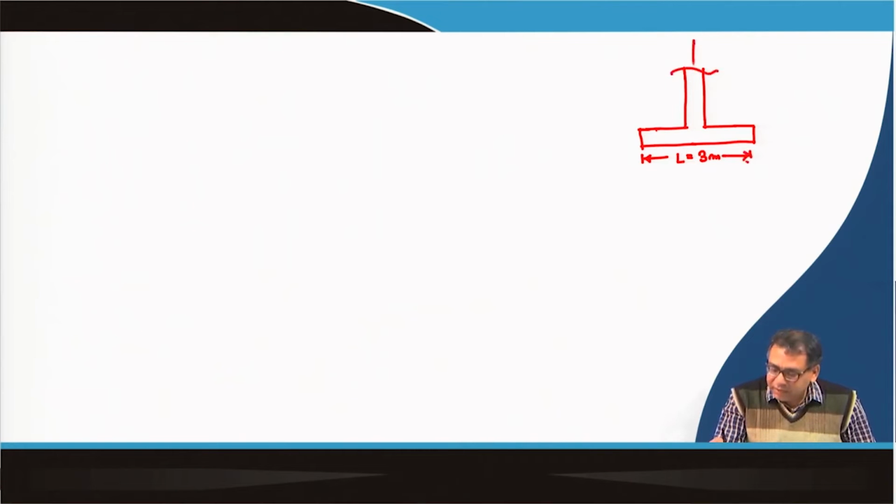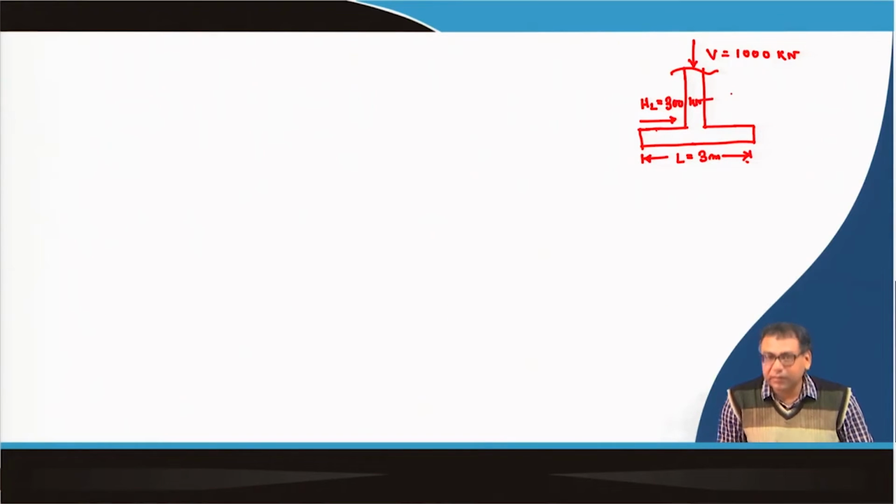There is a vertical component of the load which is 1000 kilonewton, and there is a horizontal component of the load HL which is say 300 kilonewton, and which is parallel to L, because this is the L direction.